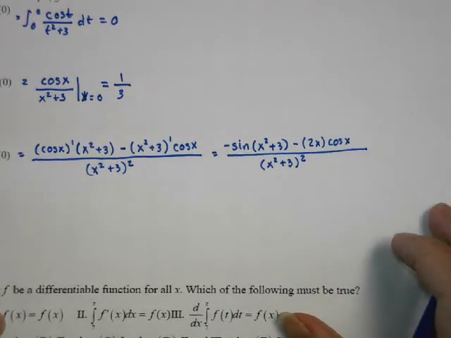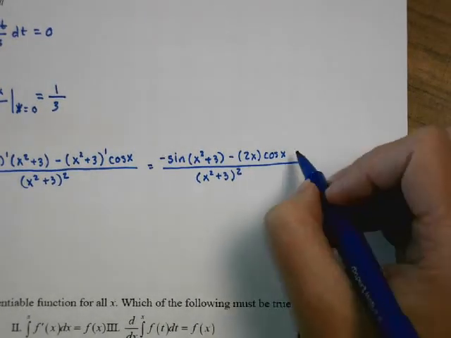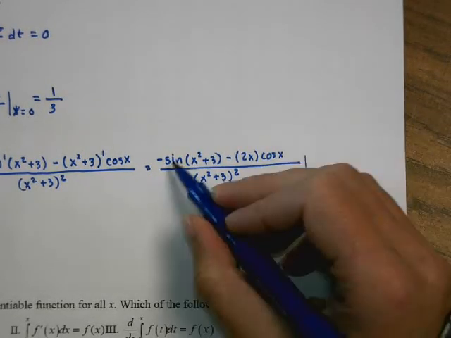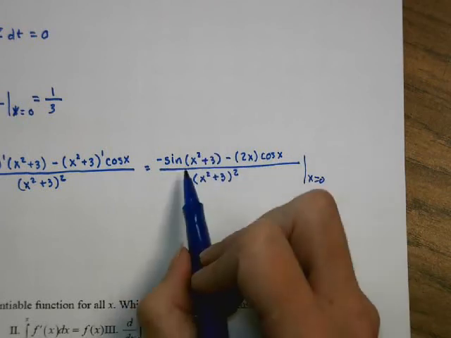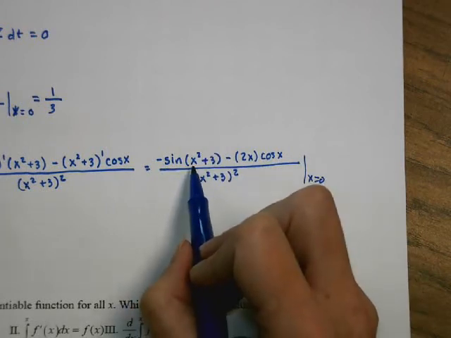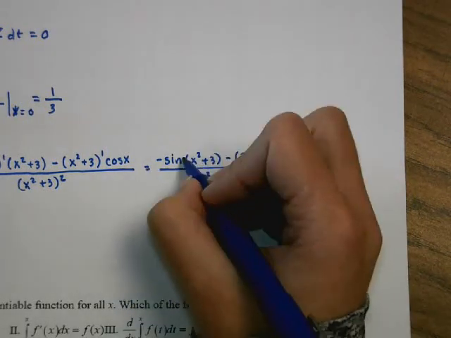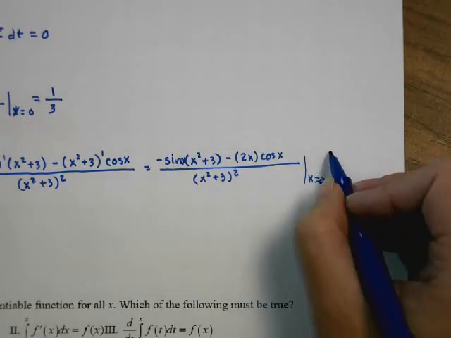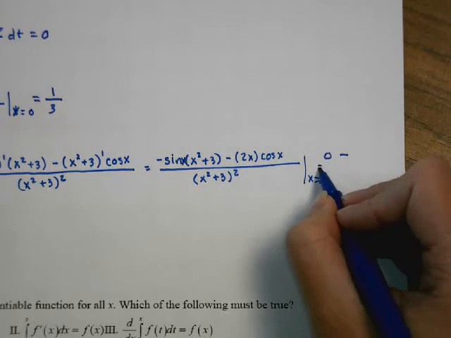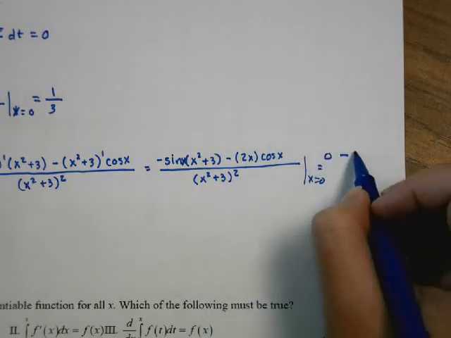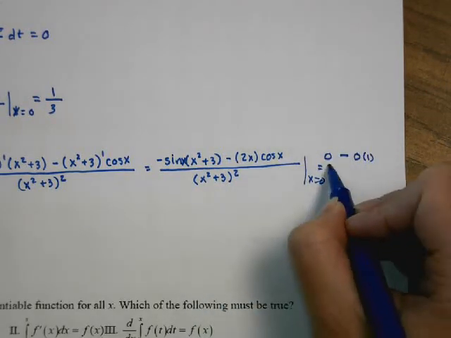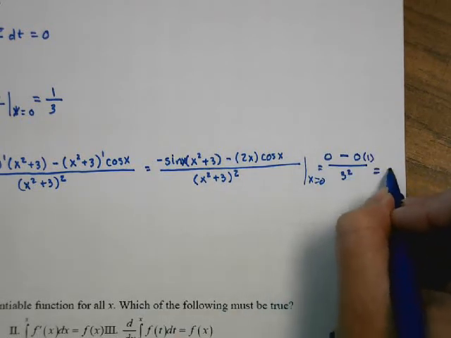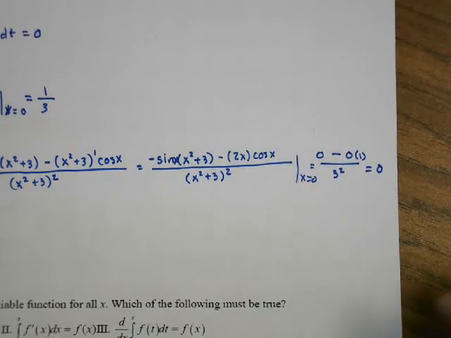All right, and we're evaluating this at x equals 0. So this is going to be sine x times this. So sine of 0 is 0, so that's just 0. 2 times 0 is 0. Over the denominator gives me 3 squared, so this is 0.